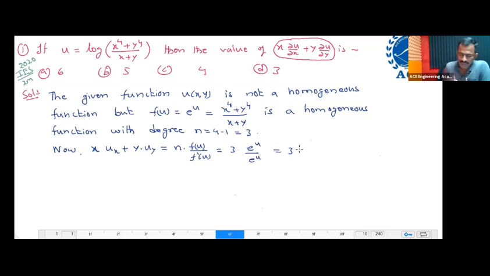That's all, it is the result. Now we write the next step. Therefore, x into ux plus y into uy equal to 3. This is the result, so the correct answer is 3. That is option D. It is a 2020 IES question.